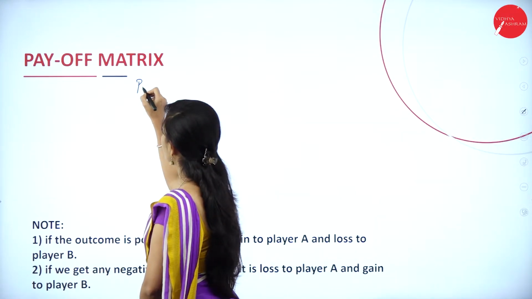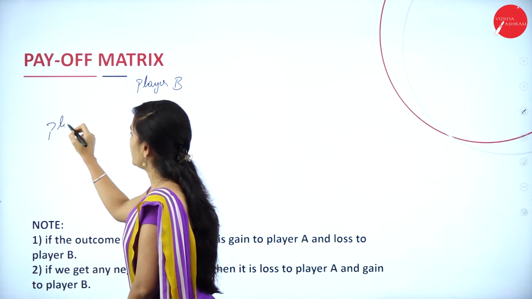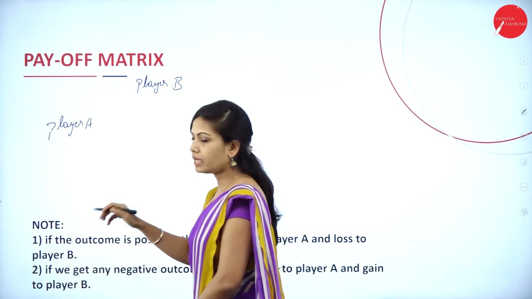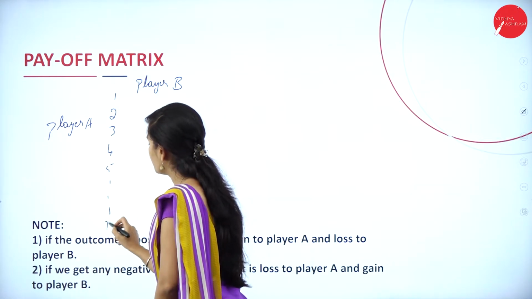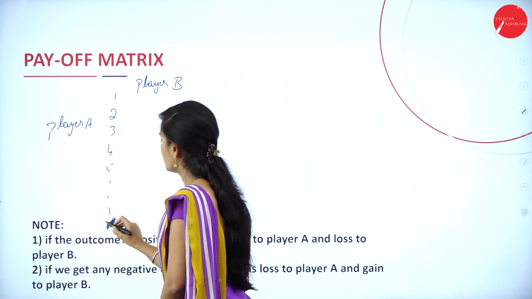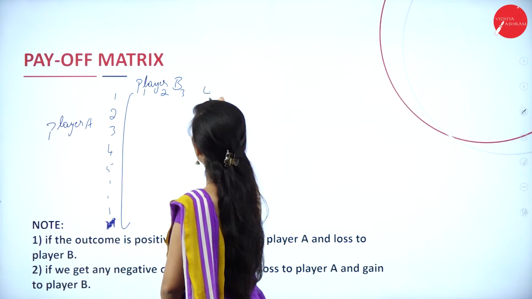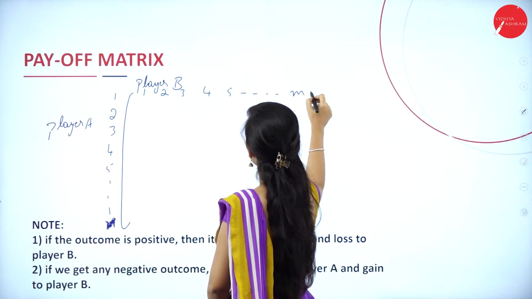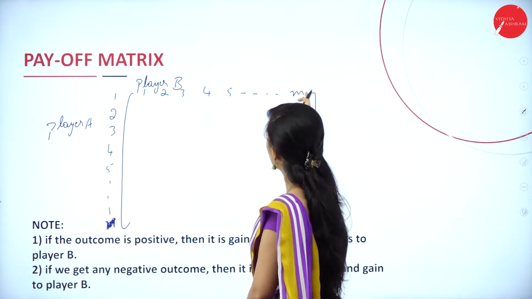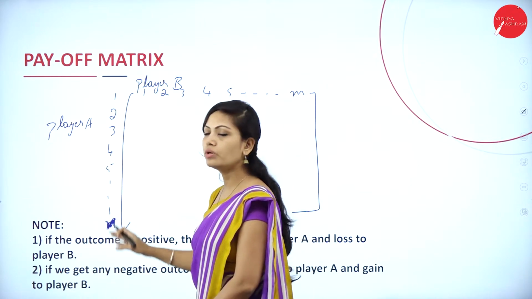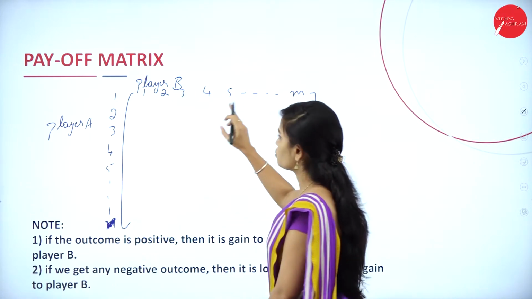Example, player A and player B. Here player A has rows 1, 2, 3, 4, 5, 6 up to N, and player B has columns 1, 2, 3, 4, 5 up to M. So, player A represents 1 to N, player B represents 1 to M.